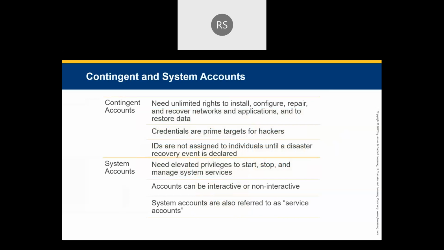So they're granted those rights, those extensive rights, so they can perform these very quickly and get the organization back up and going. Now, since these accounts possess elevated privileges, they do become attractive targets for malicious actors that are seeking unauthorized access.